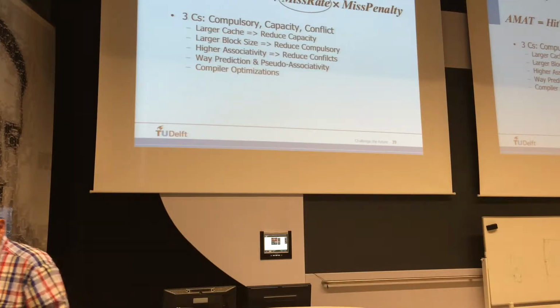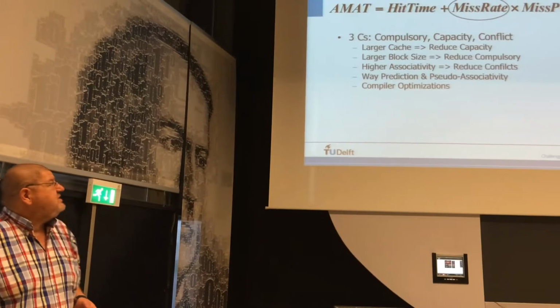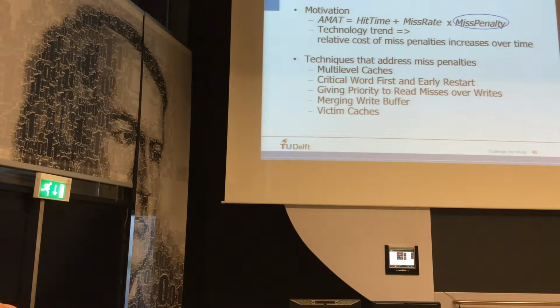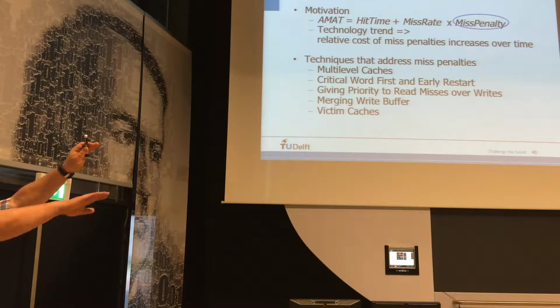Let us look now at the next parameter in the discussion, and the next parameter is the miss penalty. Now, with the miss penalty, we have a problem. I mean, the technology is actually evolving against our expectation. Remember the diagram with the speed of the logic and the speed of the memory?